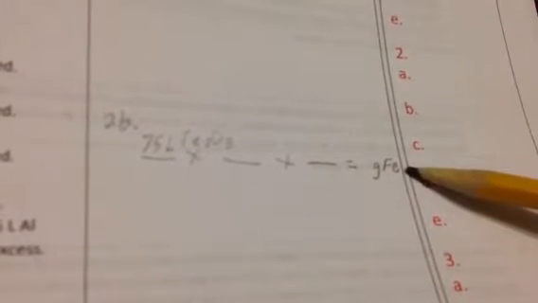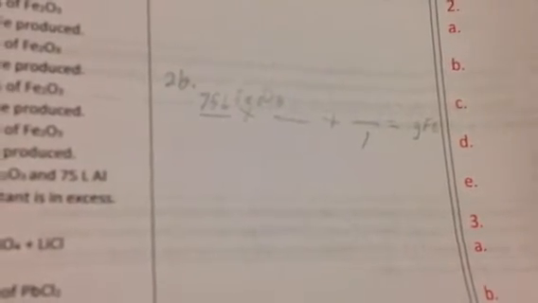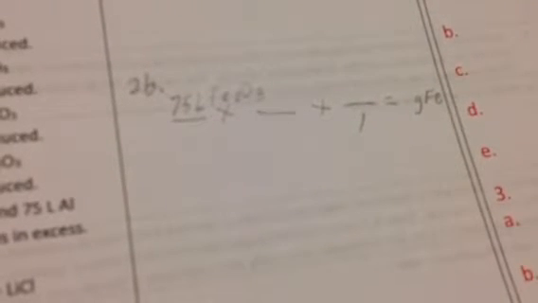So right away, at the back of this problem, I'm going to say that I am trying to find grams of Fe. That way, it will remind me, as I'm going through the problem, what it is I'm looking for. Every time in a stoichiometry template, there's a number 1 right there, and so you can go ahead and fill that in at any time. So here's my setup. I've got 75 liters of Fe2O3, and I want to solve for the number of grams of Fe.